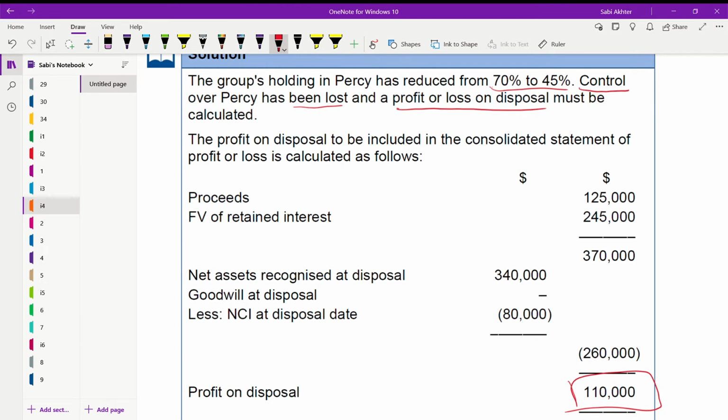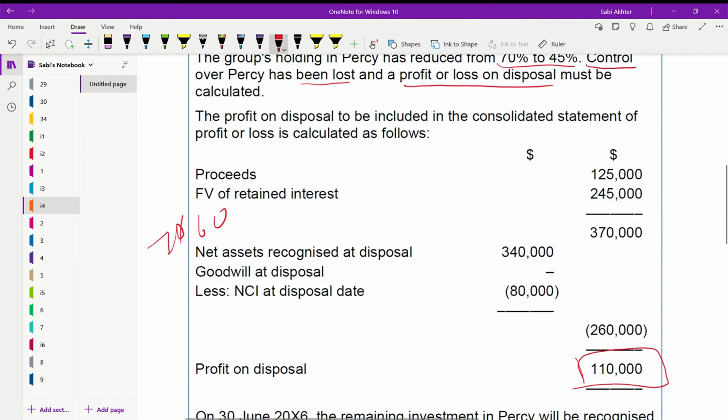If it was not, let's say it was from 70 to 60, then you don't have to calculate this profit and loss. Then that's not a loss of control. Then that's an increase in NCI. That increase in NCI you have to find out. We'll go through that situation also, but let's go through this one where the control is lost. Because in the exam you can be asked either one of them: either the control is lost, or the control is not lost. So you have to be prepared for both.